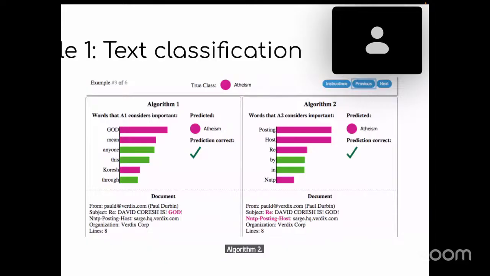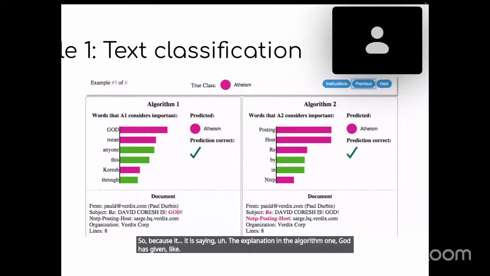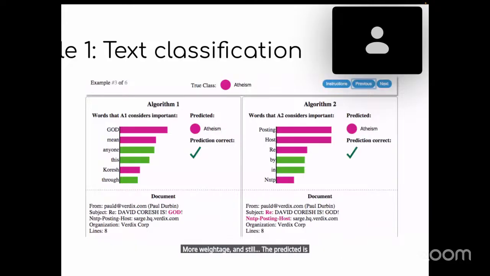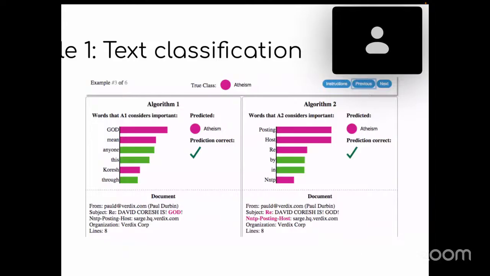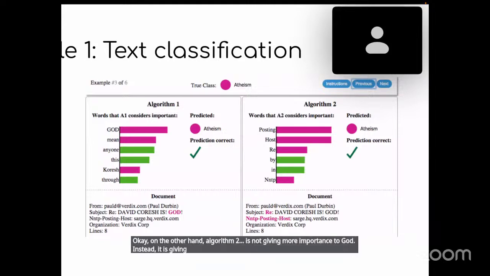Because in algorithm one, God has been given more weightage, and still the prediction is atheism, meaning the explanation couldn't be that correct. On the other hand, algorithm 2 is not giving more importance to God. Instead, it is giving more importance to posting. Despite that, it is saying the label is atheism, right?